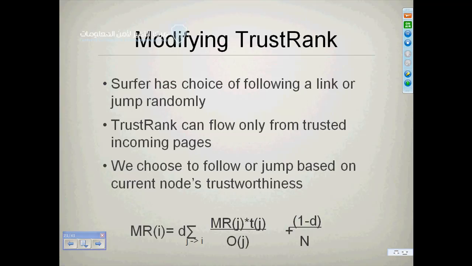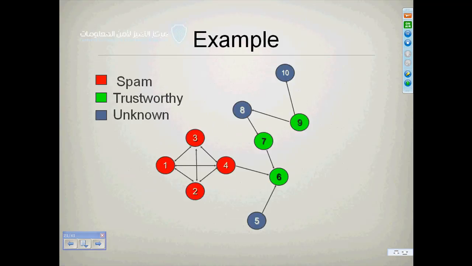And the structure of it is very similar to what we have seen already. The only important thing to note is that we have this Tj, which is the trust of this J, and the trust of this J was calculated by the earlier slide that I showed you, that says how the seed set can be used to calculate trust.